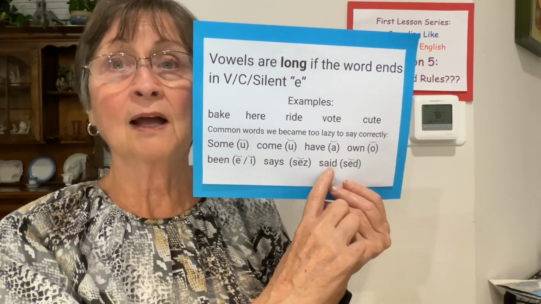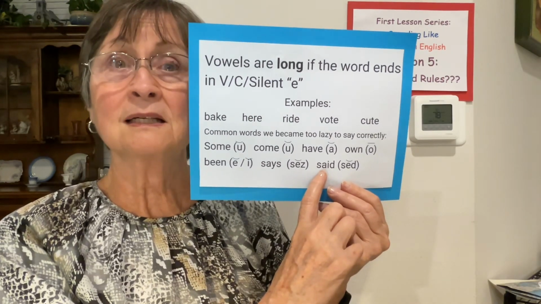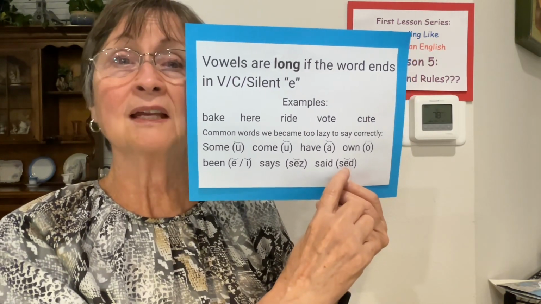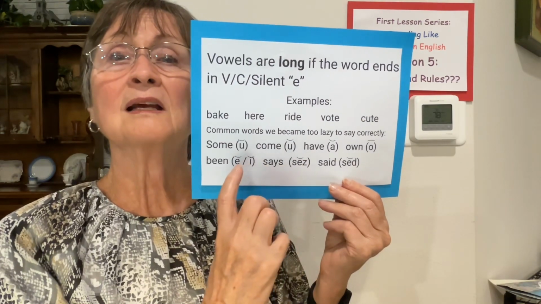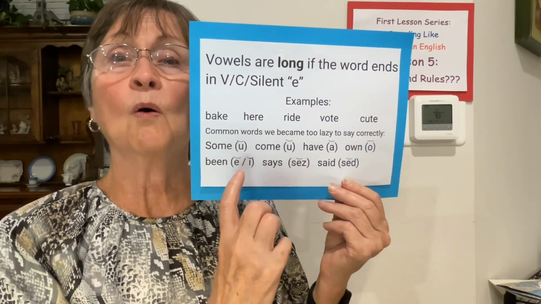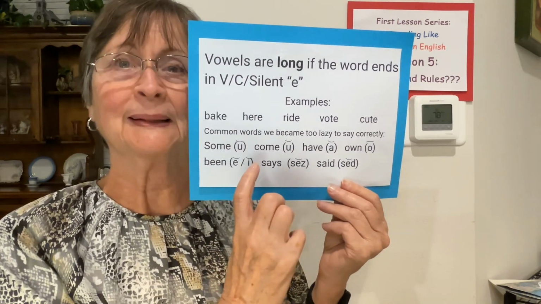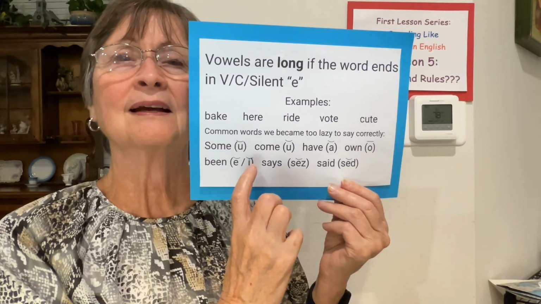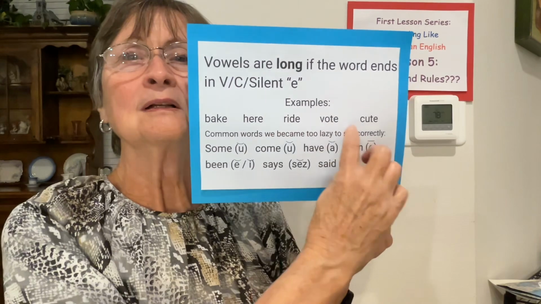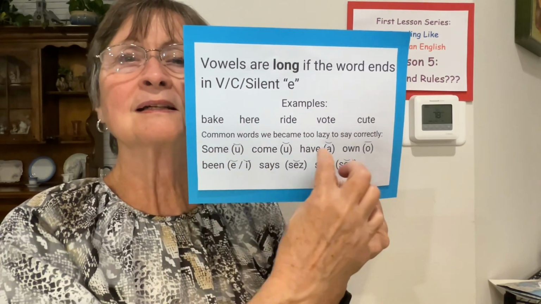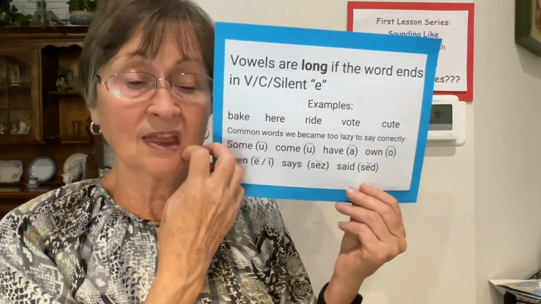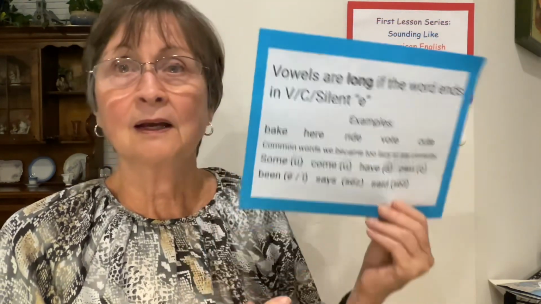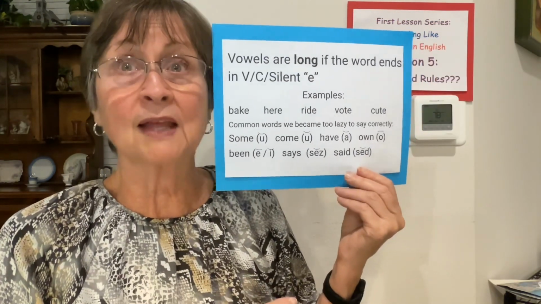AI should be long A. We got lazy and changed it to "said," short E. "Says," short E. "Been," short E, or even "been," short I. So this is the rule. We break it, and we break other rules too, because we're lazy. That's why I think we do it. I didn't read that in the book. That's what I think. Okay.